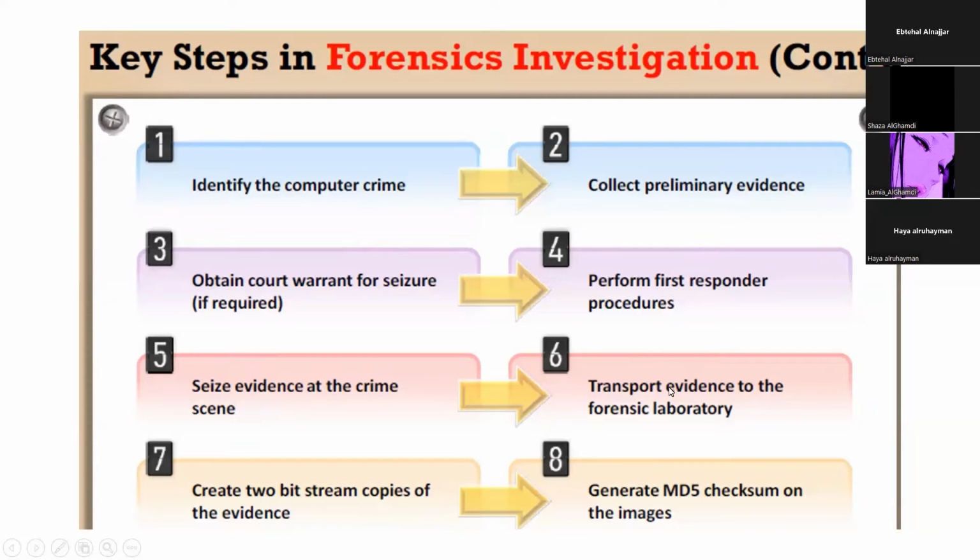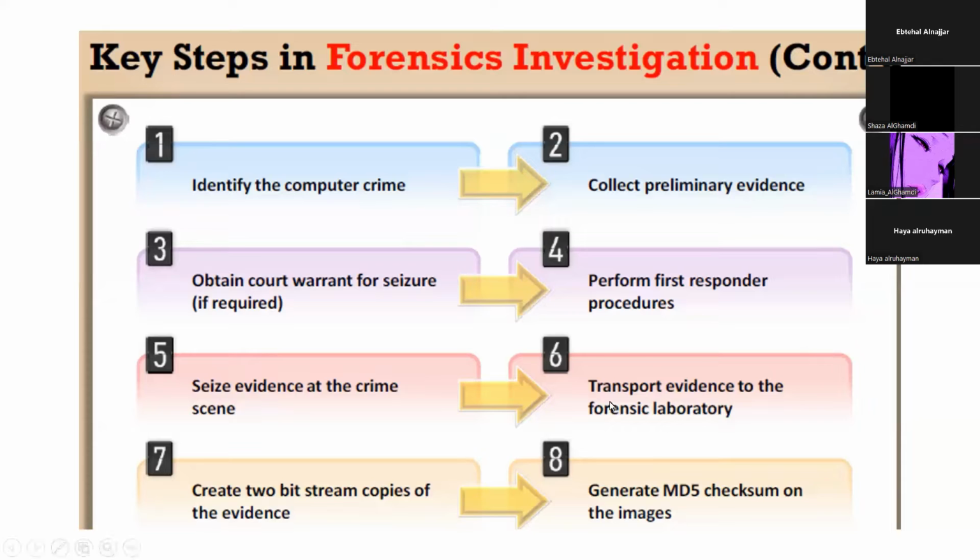And then you need to transport the evidence to the forensics lab. If you cannot conduct your forensics on this computer right away in this place, you need a proper place to do your forensics. I will show you an example of what a forensics lab looks like in a second.